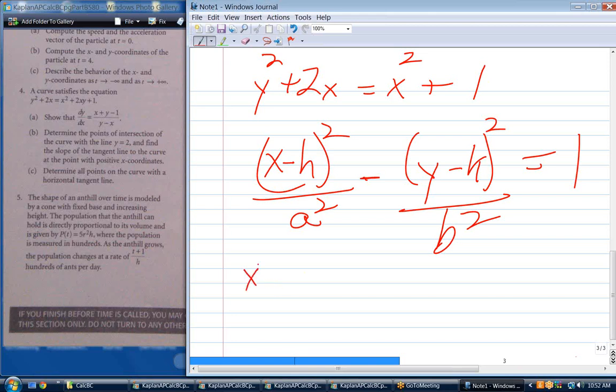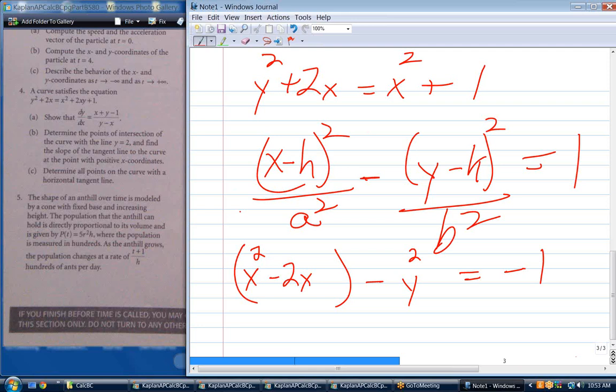Let's see, we got x squared minus 2x minus y squared equals minus 1. Right? That's x squared minus 2x minus y squared. Yeah, I moved that 1 to the other side. I'm sorry, I got you.